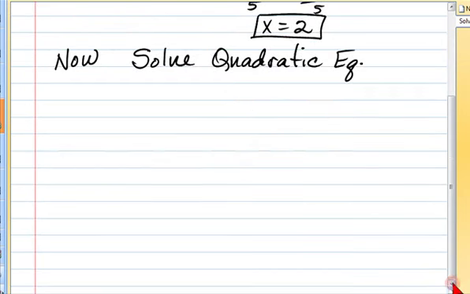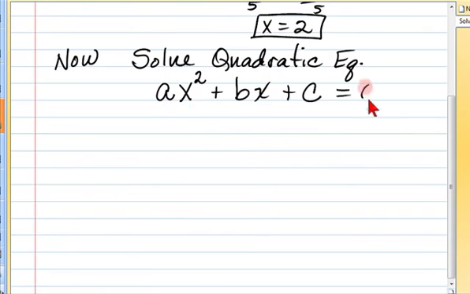The first one, and I'm not going to say the most important, but one of the most important, is to solve by factoring. All right, first of all, what in the world is a quadratic equation? I've made you wait. A quadratic equation is an equation of the form ax squared plus bx plus c equals 0.